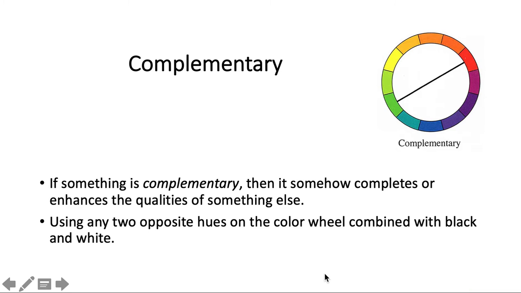Complements. This is the first one we're going to do. Using any two opposite hues in the color wheel, combined with black and white. So any color pair, boom, perfectly across from each other. I always think of it as right across the pond. If you think about it this way, the colors next to each other are closely related to one another.